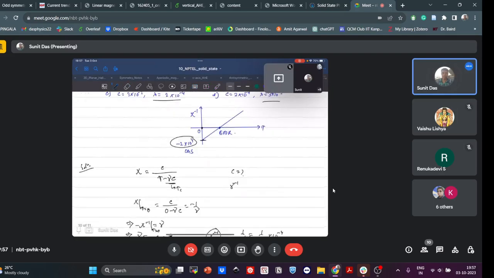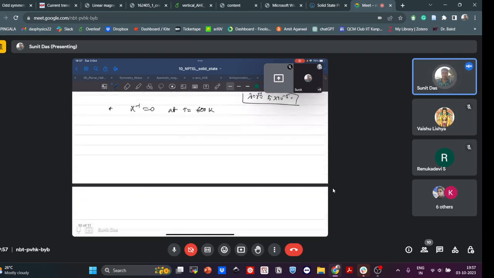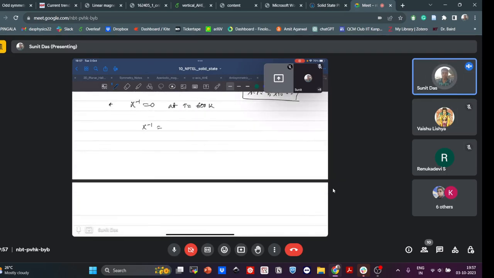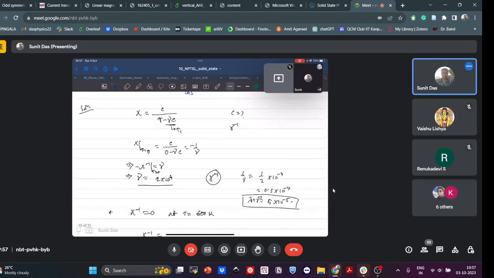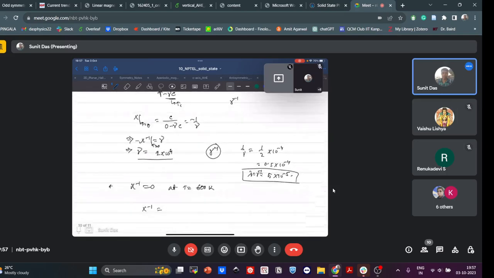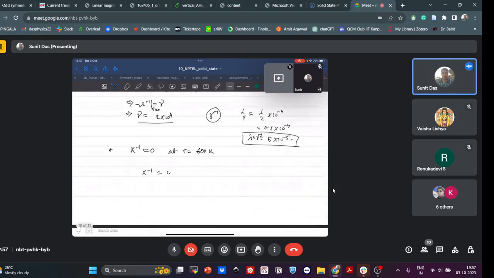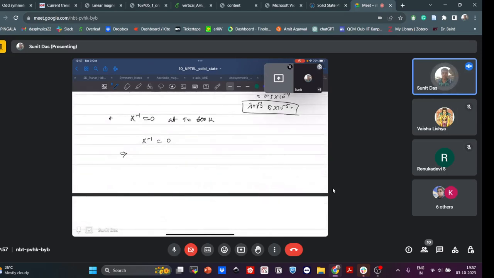At this point chi inverse is 0, which implies that T minus gamma C, all over C, equals 0.